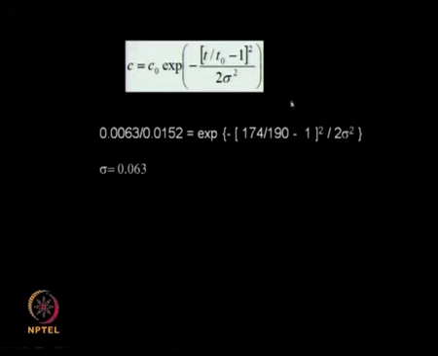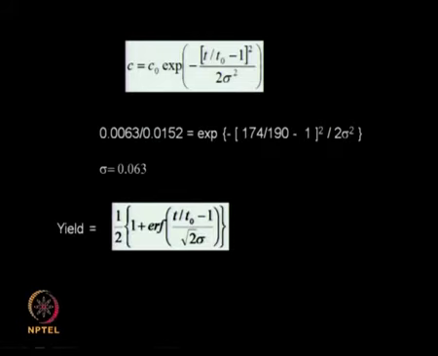Once I calculate sigma, I can calculate the yield by using some other equation. I introduced the concept of yield long time back, several classes back. Now yield is given by half multiplied by 1 plus error function, ERF is something called error function, of T by T naught minus 1 divided by square root of 2 into sigma. Why does this come?